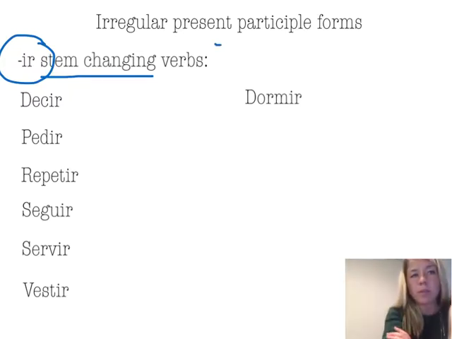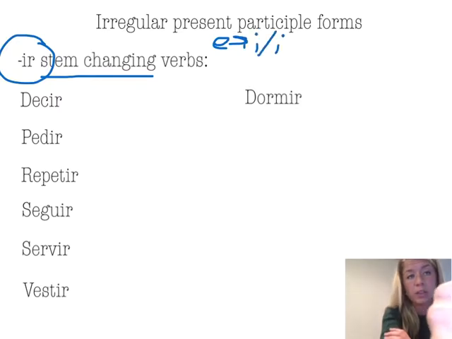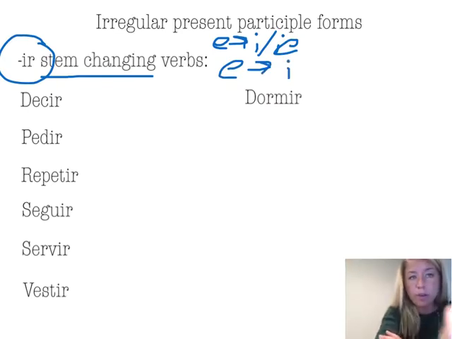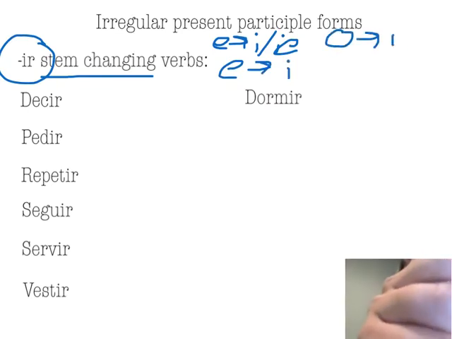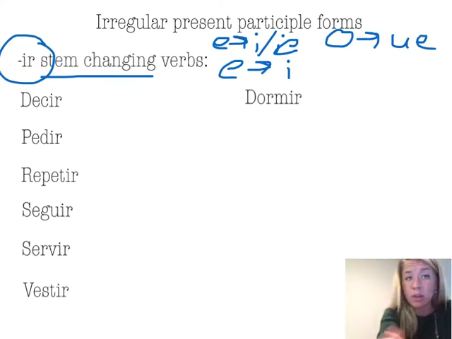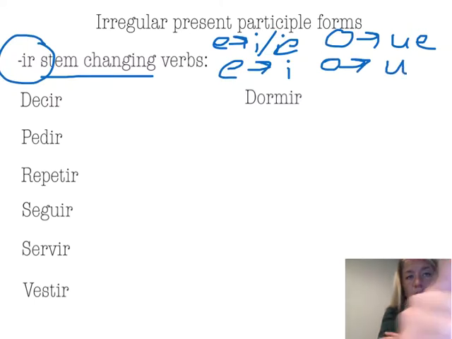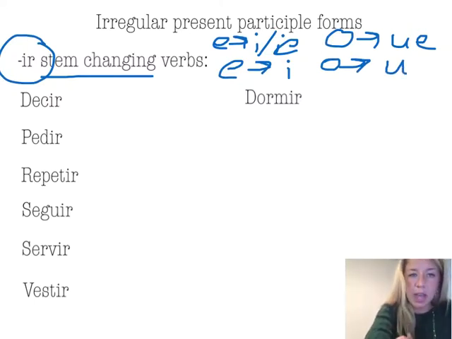So if you have a verb that's usually E to IE, or E to I, in the present participle, it's going to change E to just I. If you have a verb that's usually O to UE, like dormir, in the present participle, it's just going to change O to U. So it helps me to remember, because we're adding such long endings to these verbs, we don't need to add multiple letters in the middle. We're just going to keep it simple, add 1, or change 1.